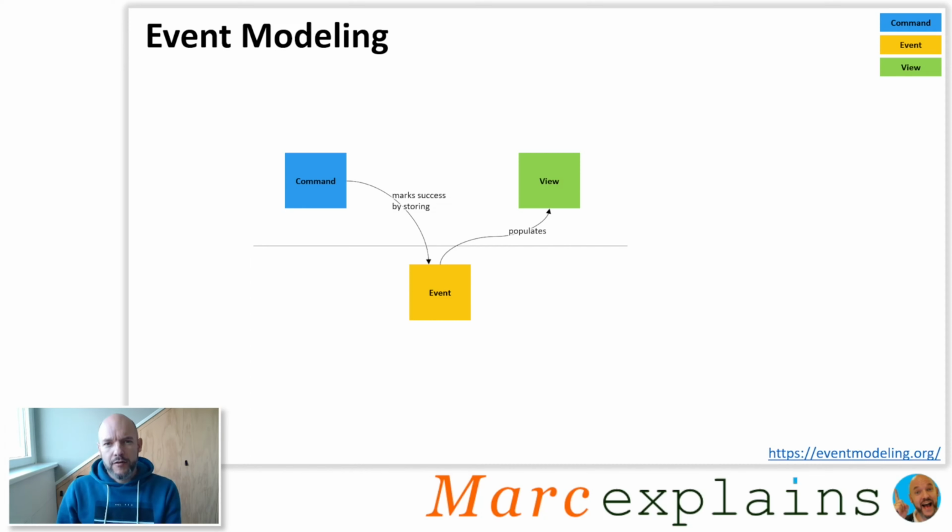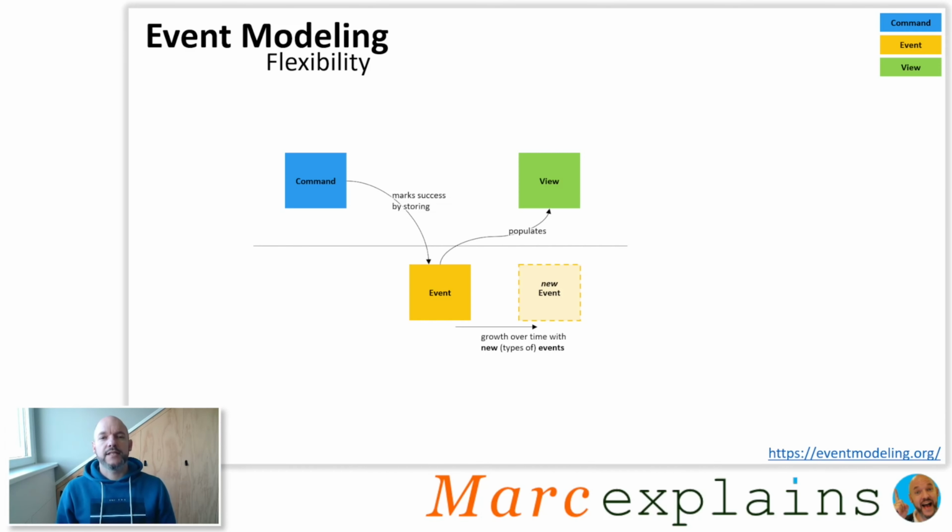And events are very rich and flexible. When you have a system which handles one command producing one event and populating a view, then you can extend your features or enrich your system by adding new events. Maybe another command is producing a different event, or the same command is producing new events.